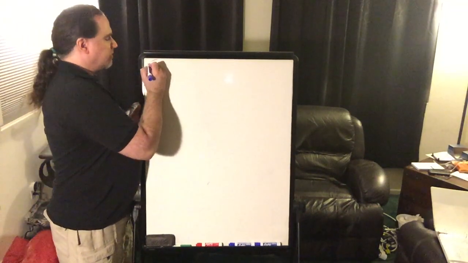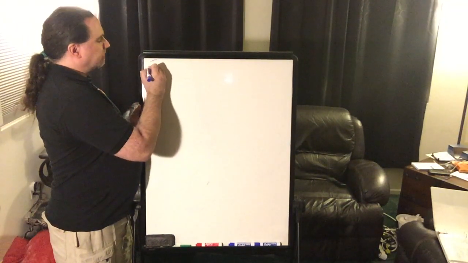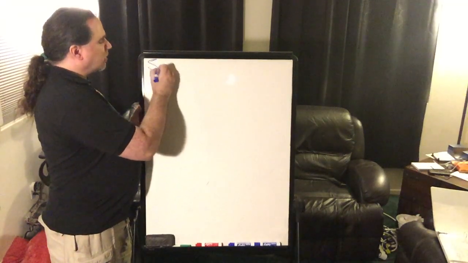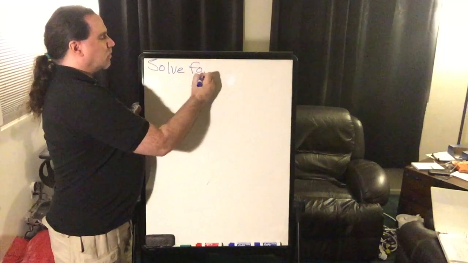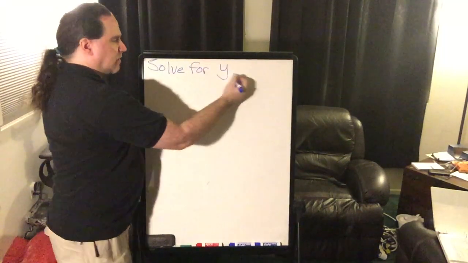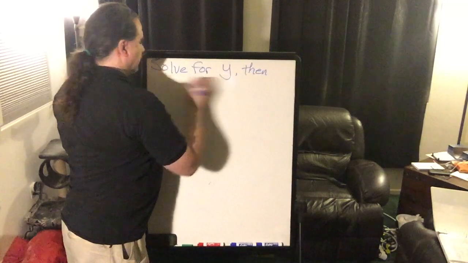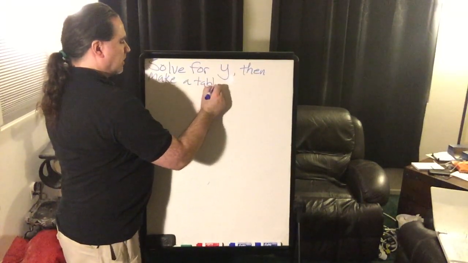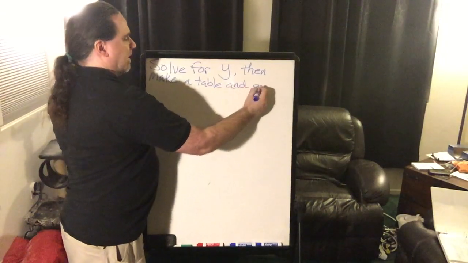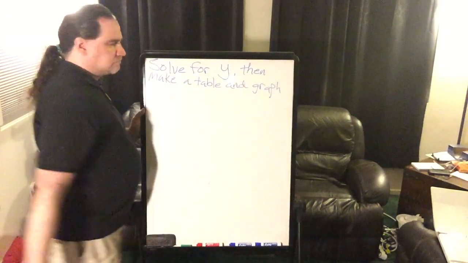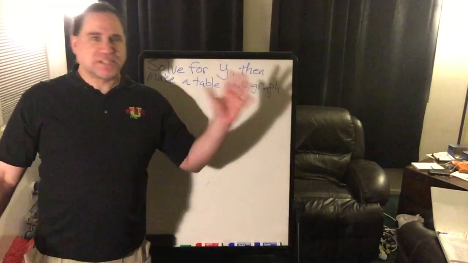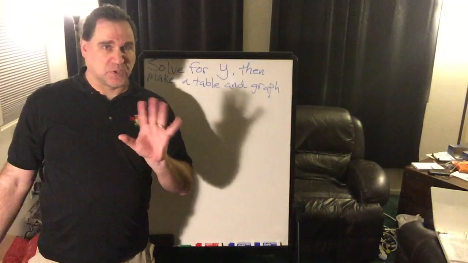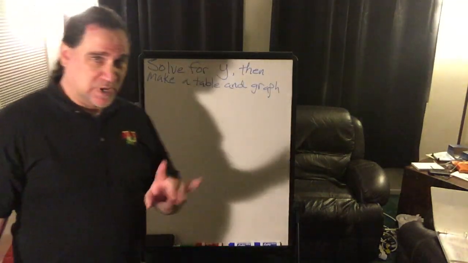And we're gonna say solve for y, then make a table and graph. Okay, that's a lot. So it's asking us to do it all. Okay, and we haven't talked about solving for y yet. It's a little weird. Okay, that's what I want to talk about next.